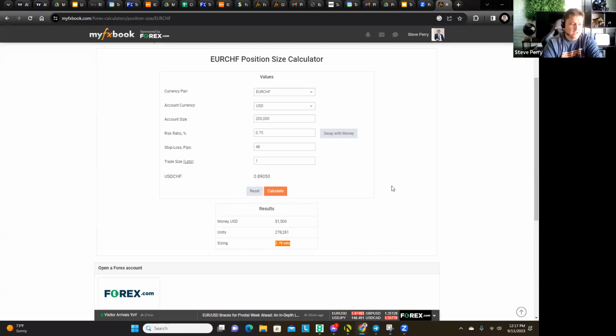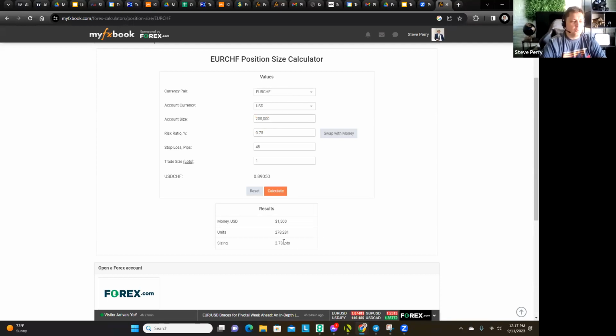See that? I just clicked recalculate. Now I have a 48 pip stop loss. Same risk appetite, right? It's still $1,500 and it's still a 200K account. The variables that changed are it's a different currency pair, which subsequently has a stop loss that's more appropriate for the volatility associated with that given pair, right?